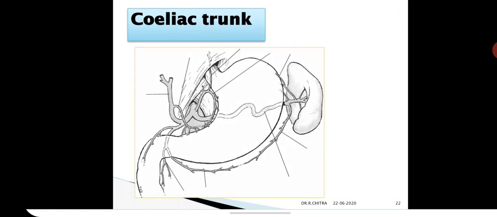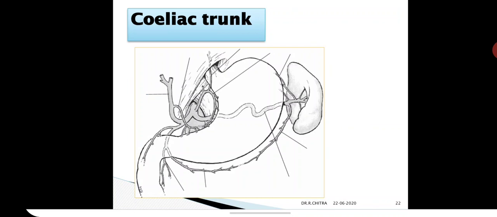You see again the common hepatic artery, you can see it passes to the right along the upper border of body and neck of pancreas. It gives two branches. Are you seeing the right gastric artery which is anastomosing with the left gastric artery? Then one artery which passes behind the first part of the duodenum, that is the gastroduodenal artery.